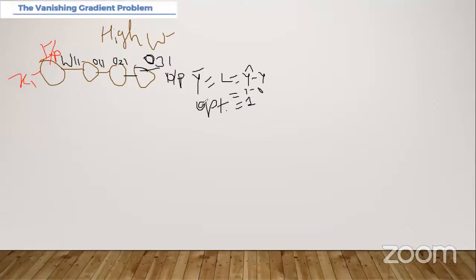I will pass this to the optimizer, let's say gradient descent, and it will try to go back, layer by layer, in the back propagation, to calculate the weights.